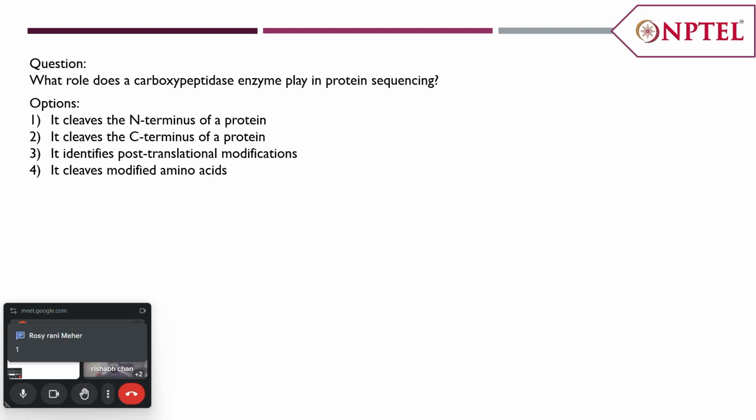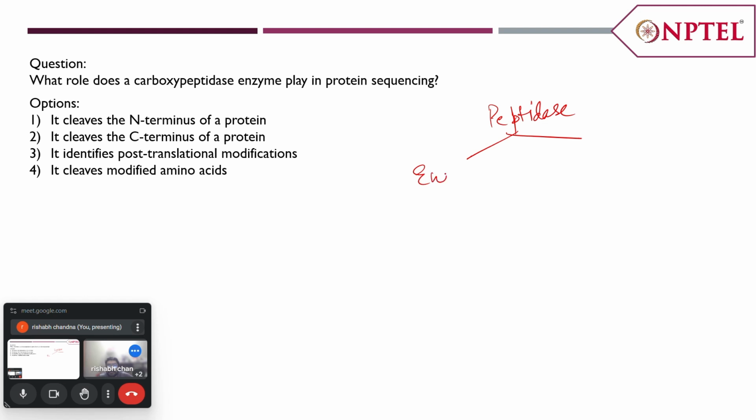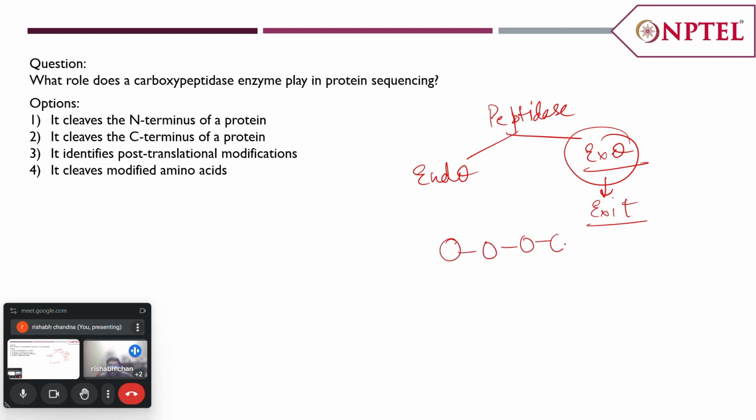Okay. So generally we use two kinds of peptidases in a protein sequence. One is an endopeptidase and one is an exopeptidase. Okay. So exo means from the last, that is exit. Okay. So for example, this is a protein chain. If the enzyme starts removing the amino acid from the terminals, that is an exopeptidase. And if it is cleaving in the middle, that is an endopeptidase.